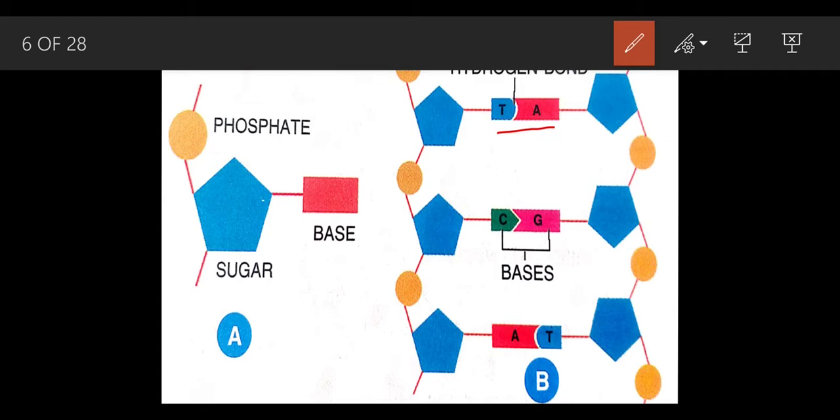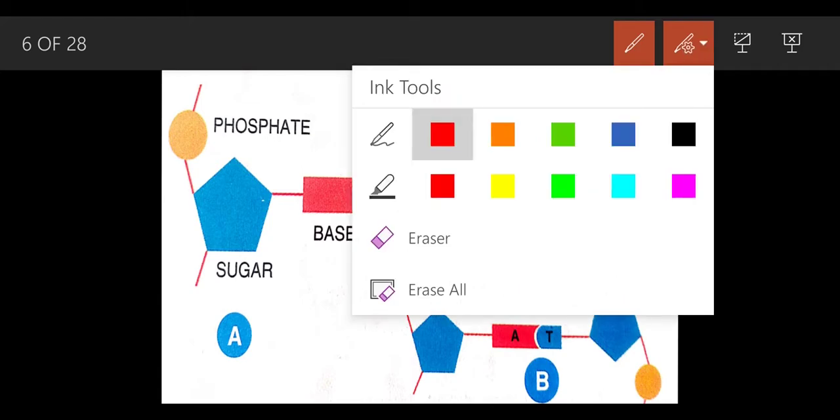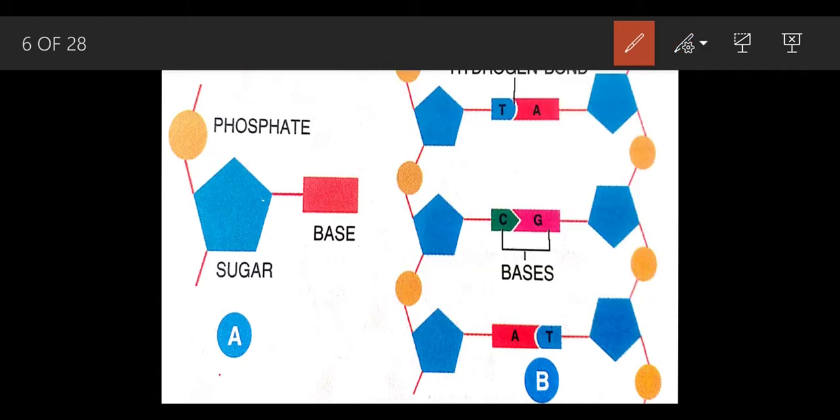Each nitrogenous base consists of 4 types, that is, adenine, thymine, cytosine, and guanine.